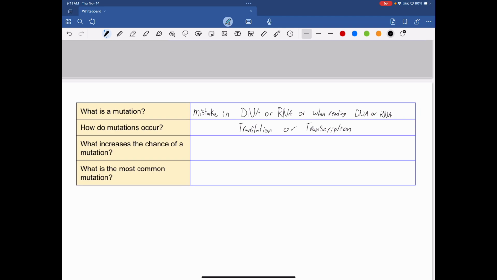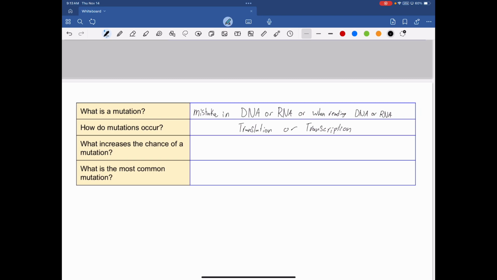Now there are certain things that can happen that can increase your chance of there being mistakes in what's written on the DNA or RNA. Okay? These different things, we call them carcinogens, or things that would increase the chances of those mistakes happening.